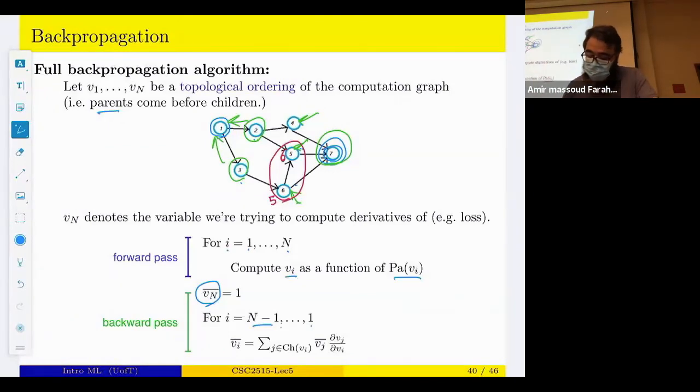The derivative of the output with respect to v_i would be the summation over all children of v_i of v_j bar times the derivative of v_j with respect to v_i. Yes? PA is the parent? That PA is parent, yes.